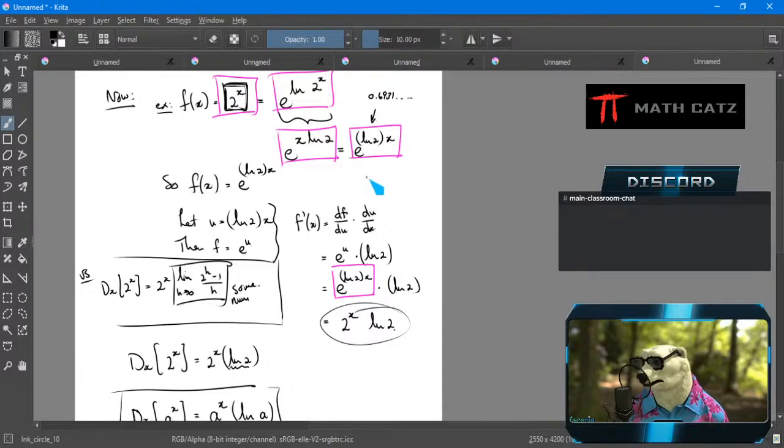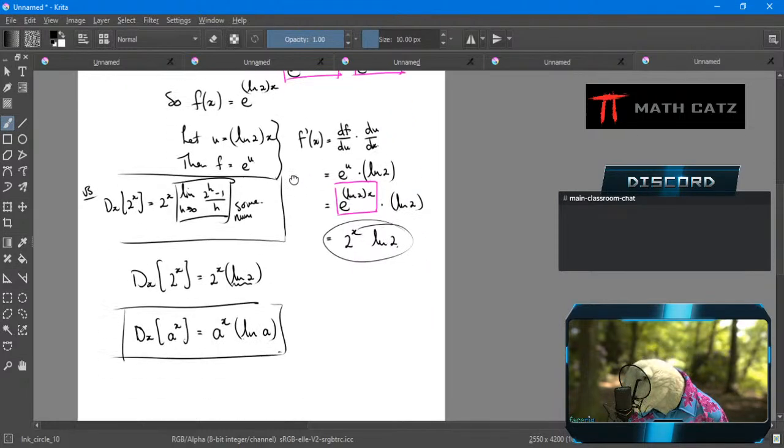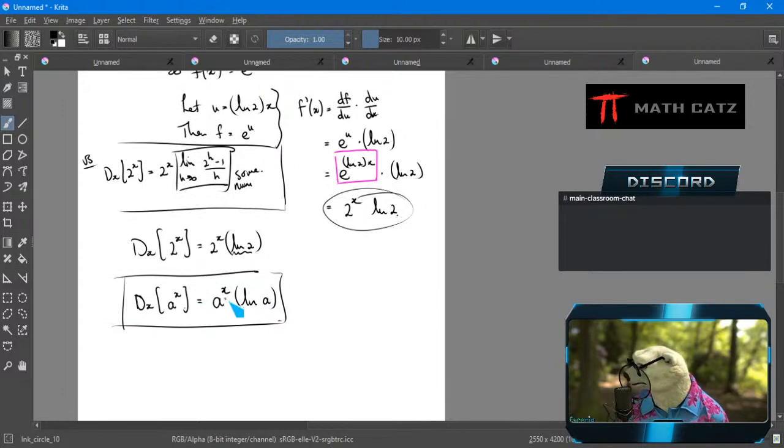But for the sake of efficiency, it's a little bit unnecessary because the end result is a very small adjustment of the exponential function that I had originally.